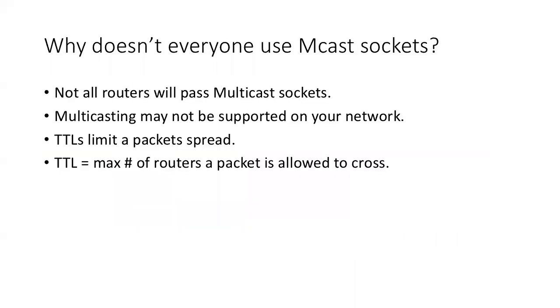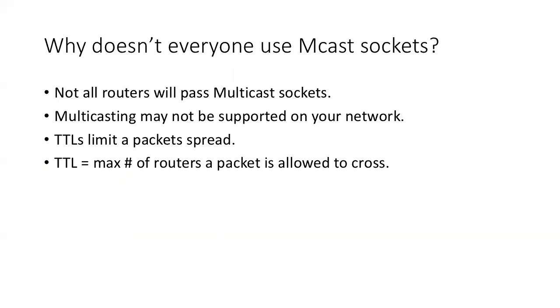So why don't we all use multicast sockets? And the answer, of course, is not all routers will pass them. And those that do won't allow them to spread indefinitely, because if they did, you would flood the internet with your multicast packets, and that wouldn't be good.